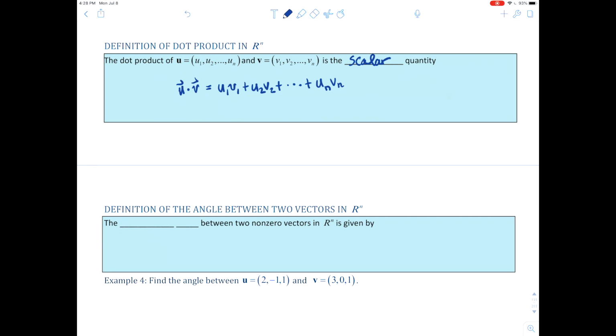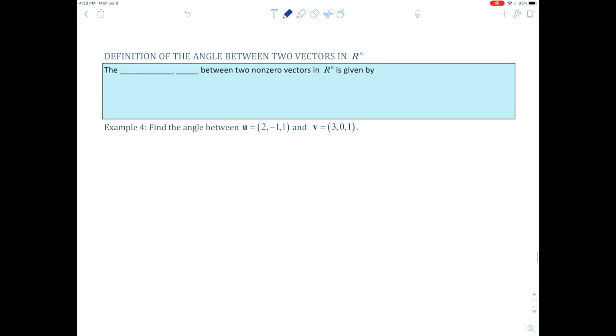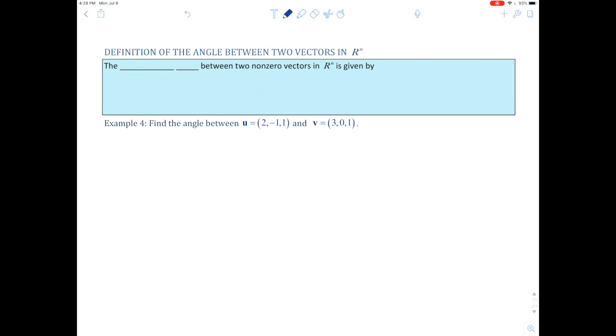Groovy? And the angle between two vectors is what? Well, the angle theta between two non-zero vectors in Rn is given by cosine theta equals, so the dot product, right?